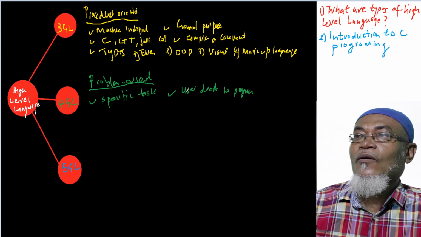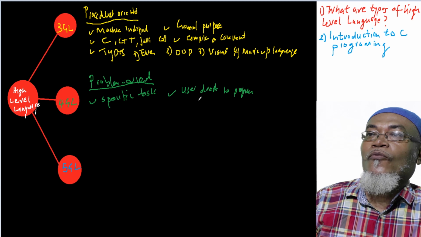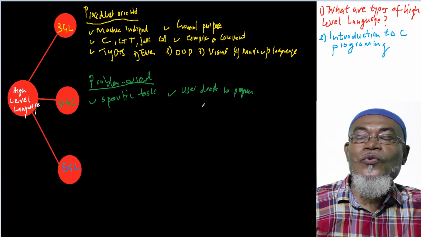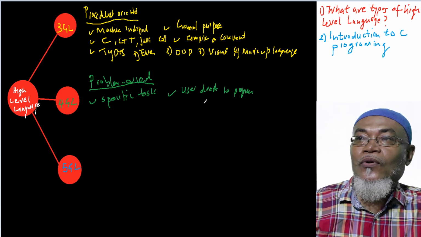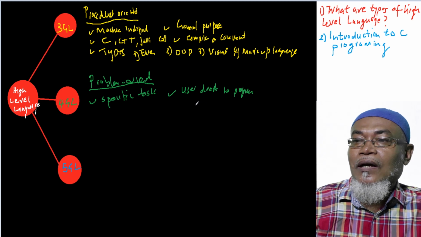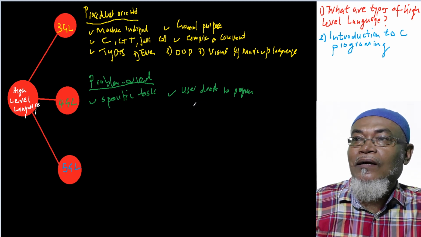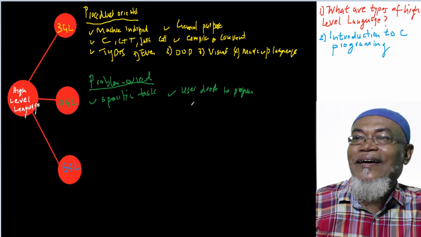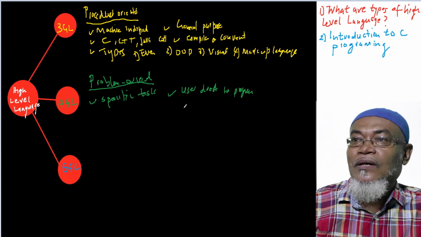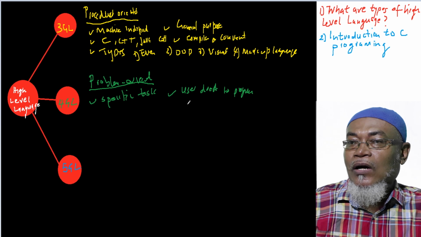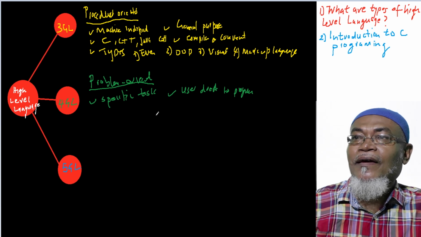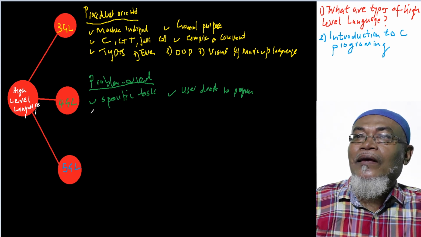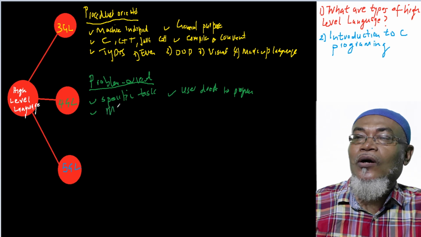Because we have seen in our previous lessons that for us to communicate with a computer, we must write a program. But here, a user does not have to write a program. Why? Because they are predefined programs. These predefined programs are there, and the user just has to enter a particular command to achieve a particular task.